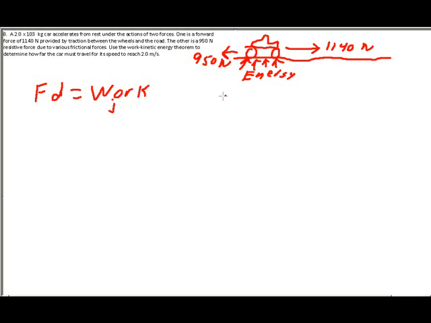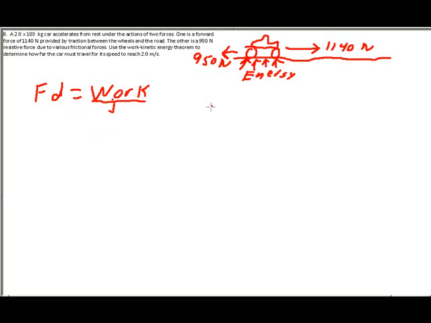So how do I know how much energy I was able to put in? Well, if I multiply the force that I've applied and the distance that I apply it over, I can calculate that. So that is how you define what work is. But what is the work energy theorem?